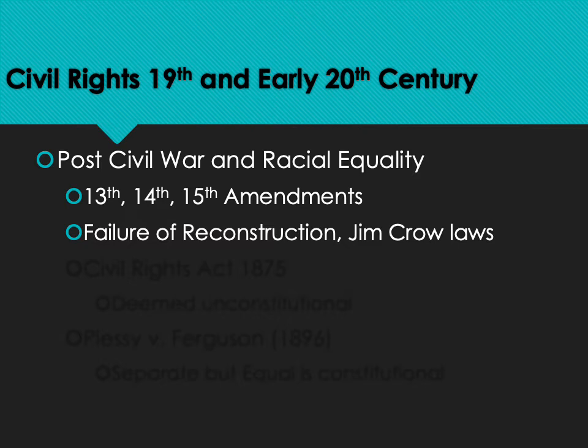Jim Crow laws are where it's legal to discriminate. You can have separate schools, you can have separate public accommodations, you can say that African Americans cannot come in this restaurant or hotel. Those are all examples of the Jim Crow laws. And those come about as a result of the failures of Reconstruction, because both in the South and in the northern states, there is a move to legalize discriminatory treatment.